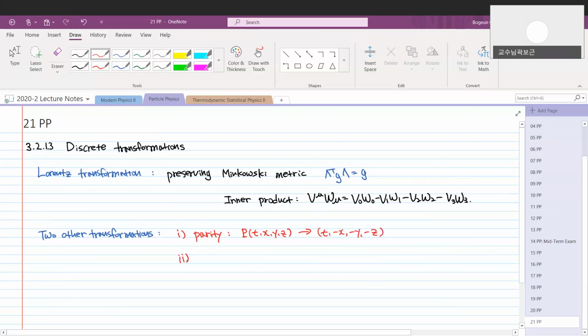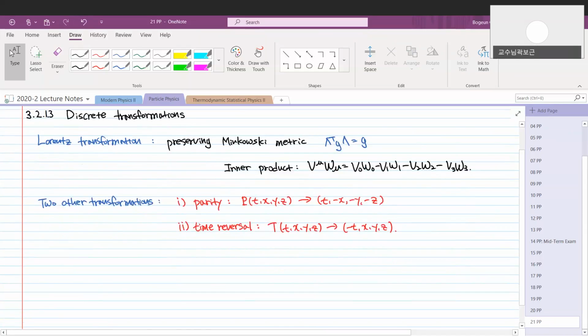And the second one is time reversal, where t, x, y, z changes into minus t, x, y, z. So I think these are very simple things.